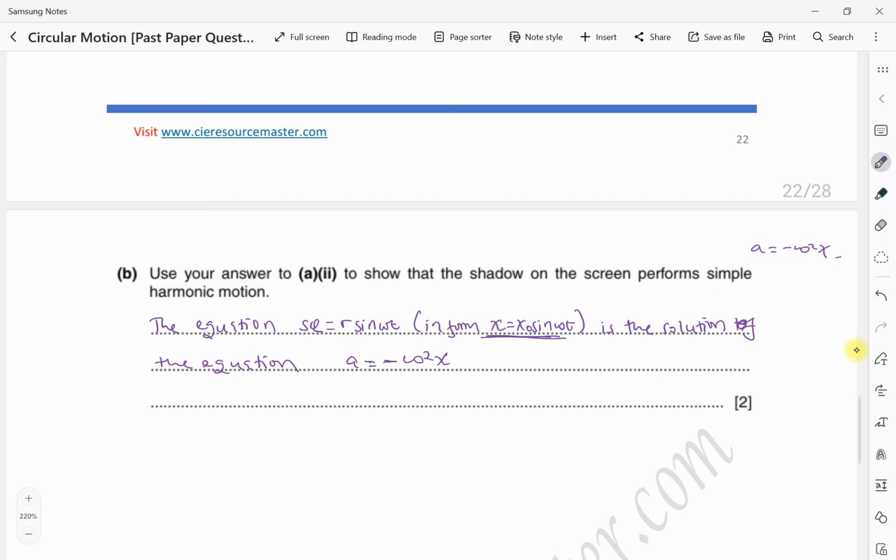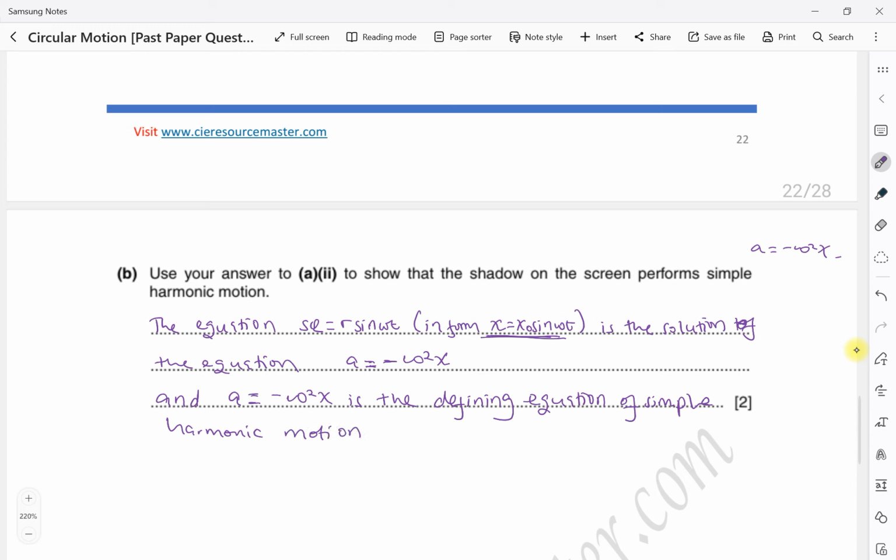And of course, we know that a equals negative omega squared x is the defining equation of simple harmonic motion.